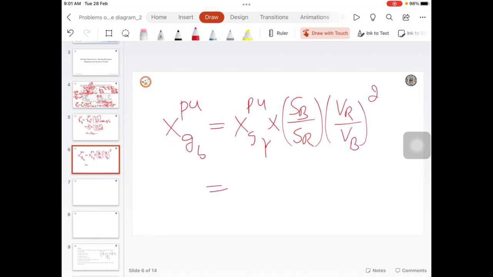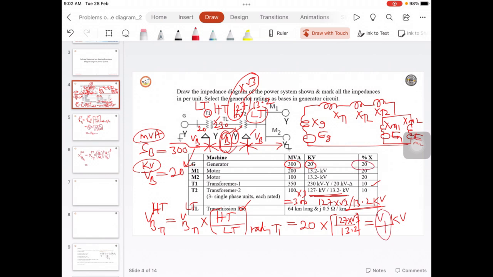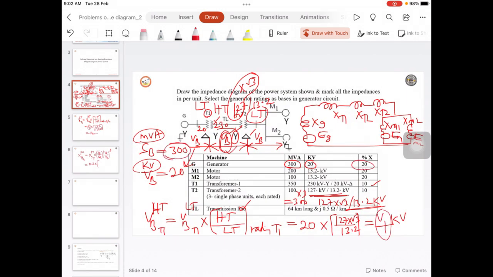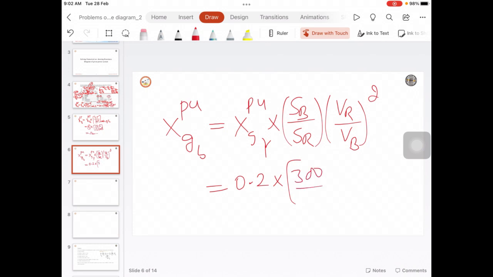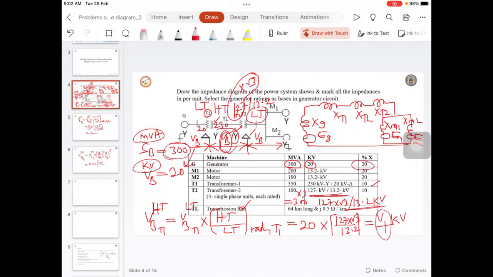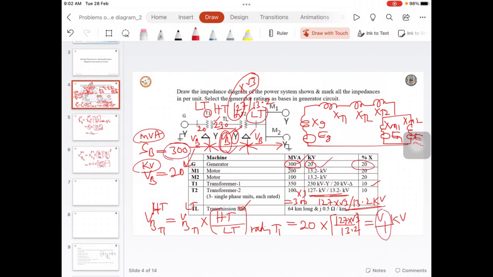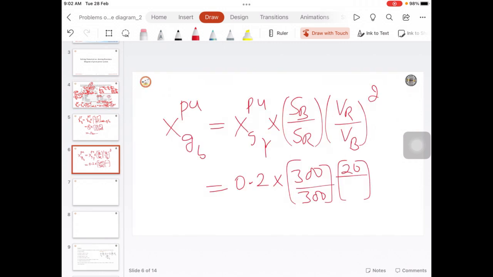The rating of the generator reactance is 20%, that is 0.2, into SB, which remains the same for the whole system, 300, divided by the generator 1 rating, also 300, into VR by VB. The voltage rating is 20 kV, base is also 20. So, this value is 0.2 per unit.